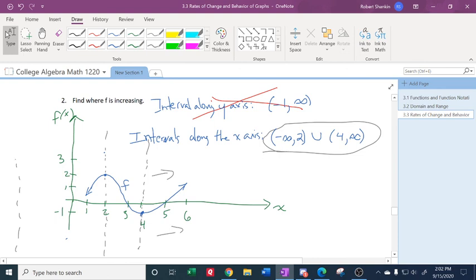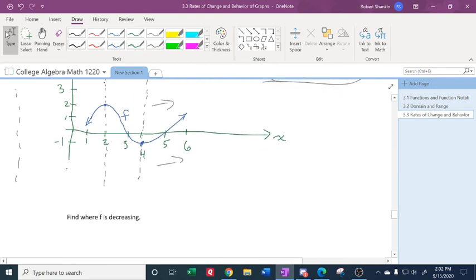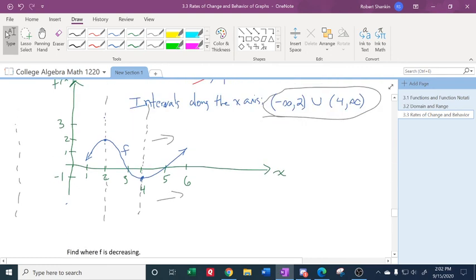All right, now you can see how well you understand it by putting it to work with this next question. Find where f is decreasing. So go ahead and write that, and put it in interval notation.